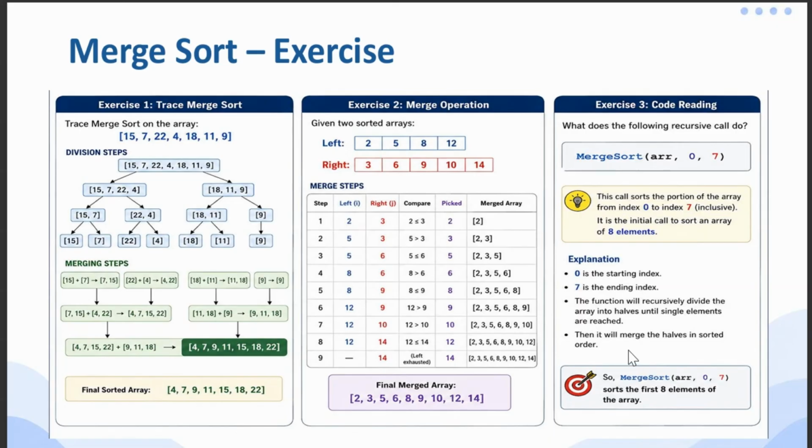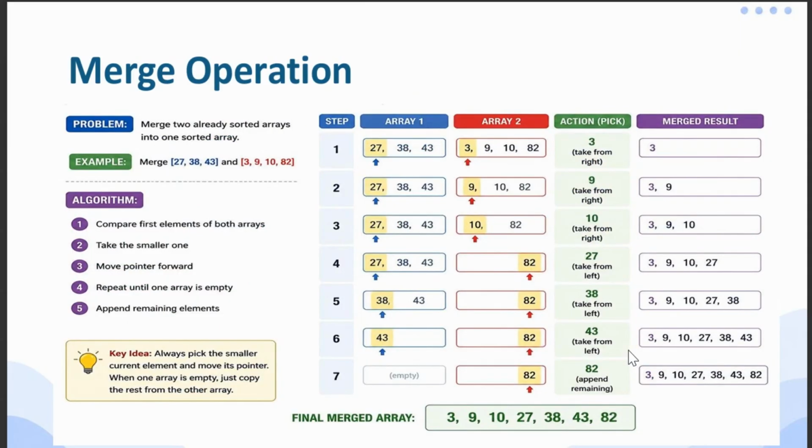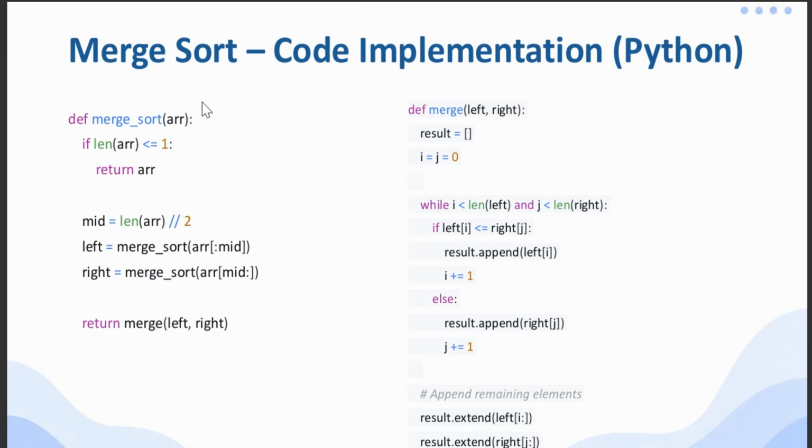That's what it does. This is the Python code for the merge operation, and you can test it in any language. This is for simple understanding, right?